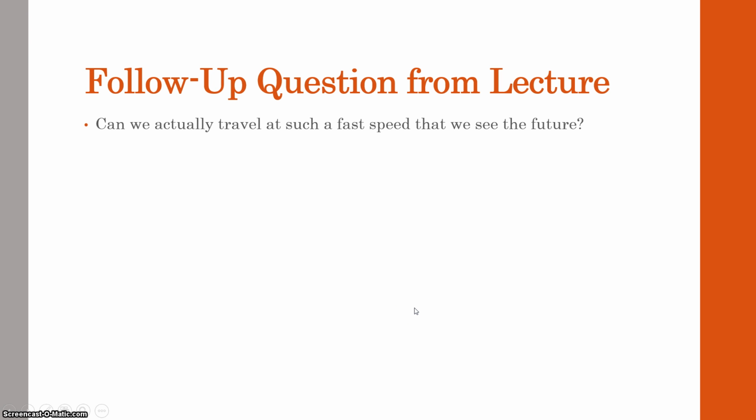There's a follow-up question that came to my mind after the lecture, and it was derived from a conversation I had with a friend who's taking Physics Honors 1. He was talking to me about an example of Lorentz transformation in which an object is moving so fast that, compared to its reference frame, it's possible to say that the object is a little amount of time ahead, so the object is actually in the future.